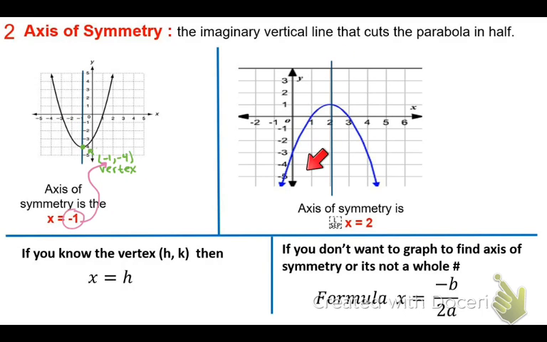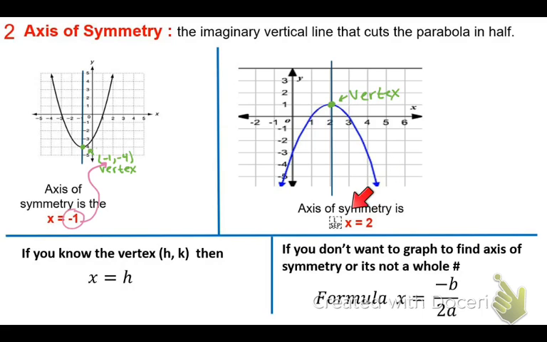So now if we take a look at this parabola, we can draw a vertical line that cuts the parabola in half right here. We need to make sure that it goes through the vertex. And now we can come up with the equation. This vertical line goes through x equals 2, right?